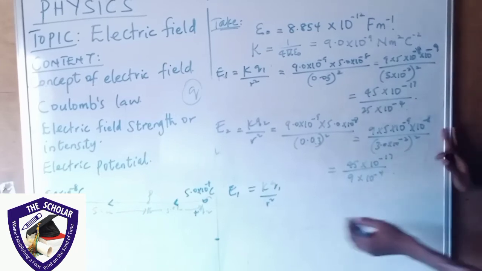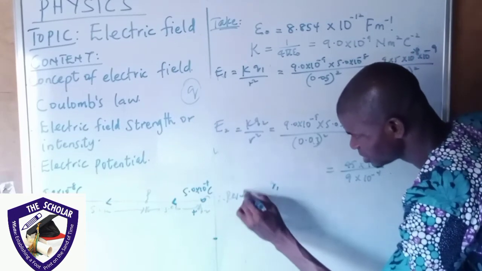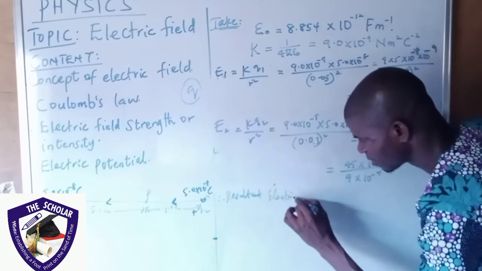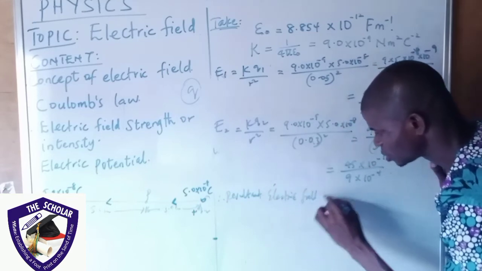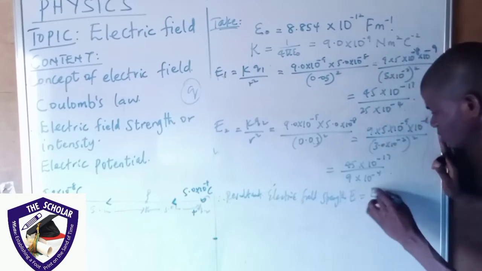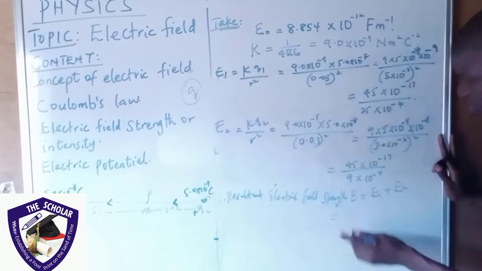So finally, our resultant electric field strength or intensity E is equal to E1 plus E2. That is the addition of these two answers.